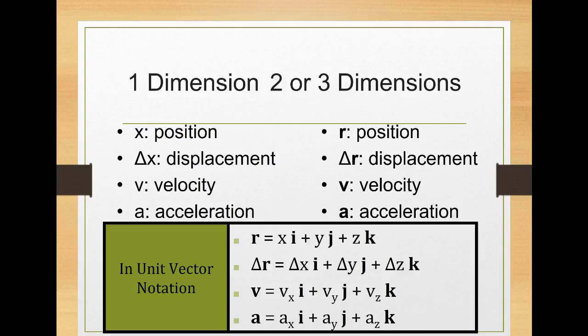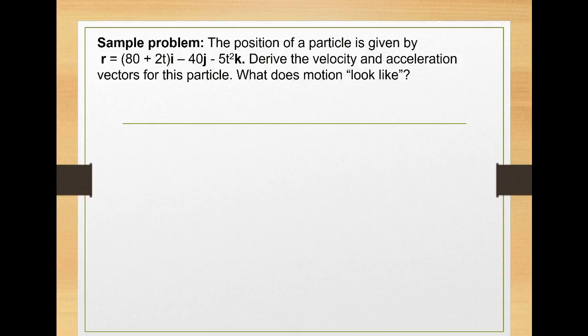So let's look at a few examples. First, we are given that the position of a particle is given by r equals 80 plus 2t i hat minus 40 j hat minus 5t squared k hat. And we want to derive the velocity and acceleration vectors for this particle and talk about what its motion looks like.